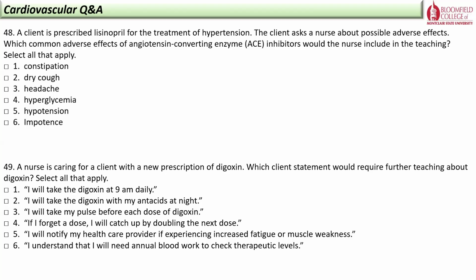So 48, the answer is 2, dry cough, 3, headache, and 5, hypotension. The ACE inhibitor is a potent vasoconstrictor in the blood, and the resultant effects are going to be constriction of blood vessels that will result in the following. So the answer was 2, 3, and 5.